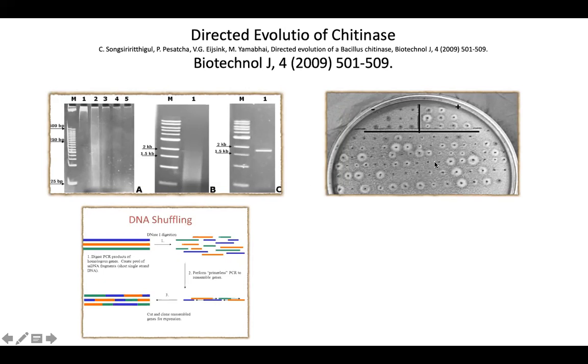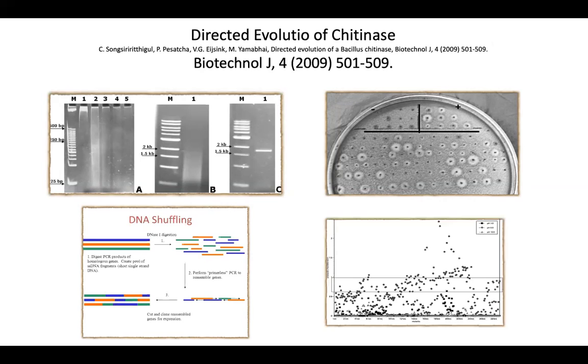So if you have an agar plate with chitin, all right, and if your E. coli can produce and secrete the enzyme chitinase that can degrade chitin, you will see a clear zone. All right, and you can look for the clear zone that is larger. It means the enzyme is either secreted more or more active. And after that, you do a secondary screening on ELISA plate, just like I showed you before.